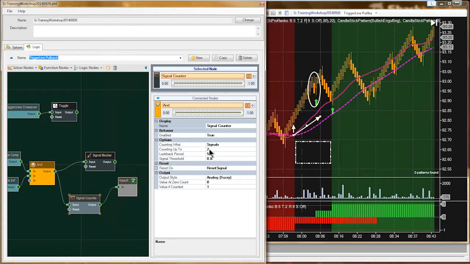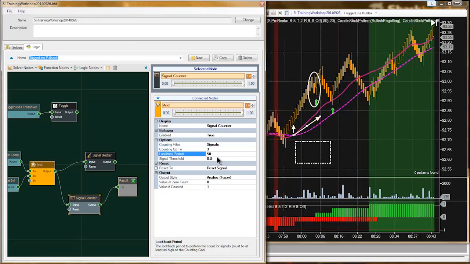So I'm going to increment the count up by 1 extra, because I'm using the signal blocker in a roundabout way.